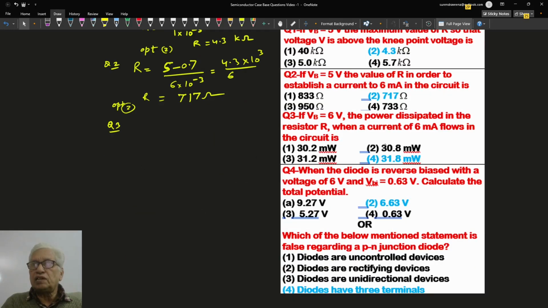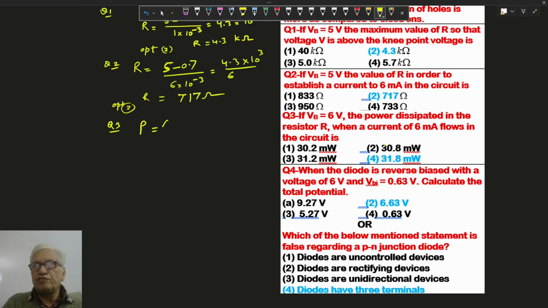If the battery voltage is 6, our power will be VI, which is 6 minus 0.7, the effective voltage, multiplied by the current 6 milliampere. It comes to 5.3 into 6, which means 31.8 milliwatt.